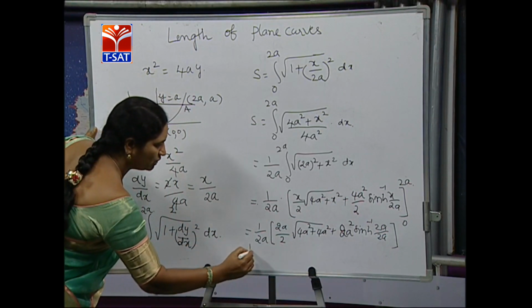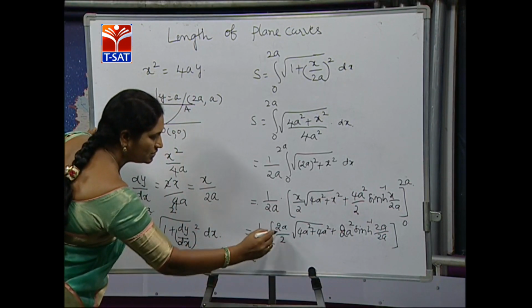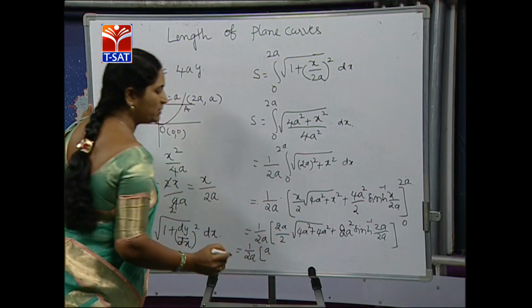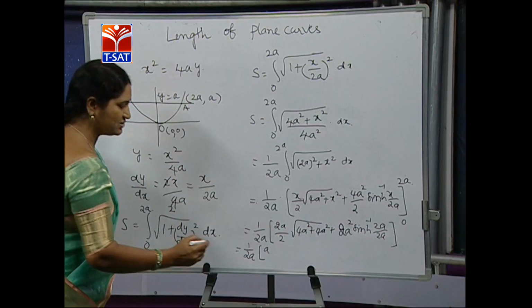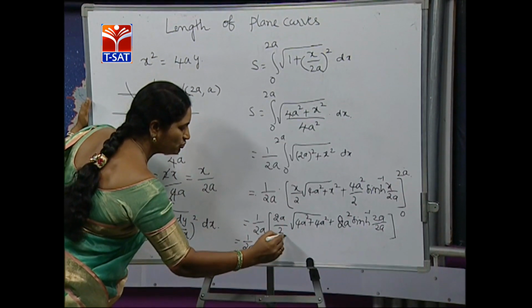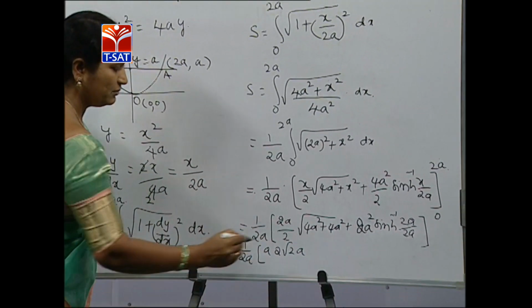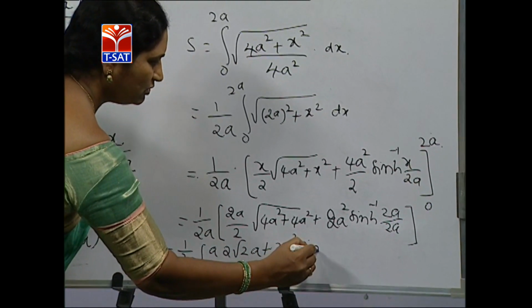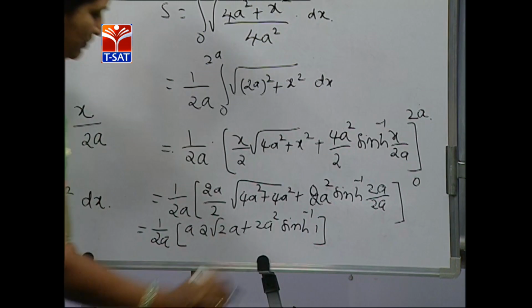Now, 1 by 2a, so a, 4a square plus 4a square root 8a square, that can be written as 2 root 2a plus 2a square sin h inverse 1.